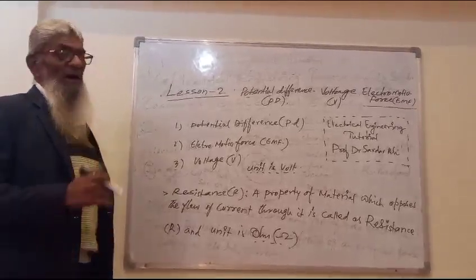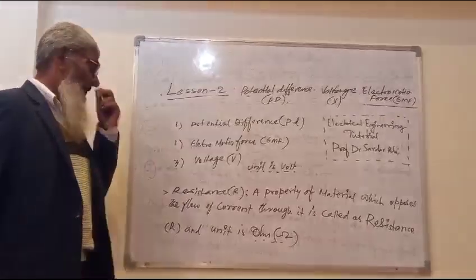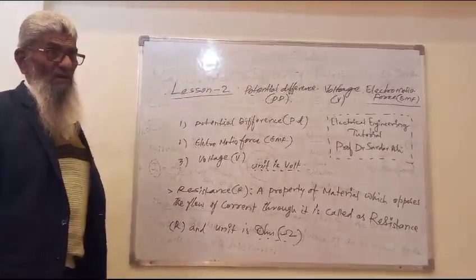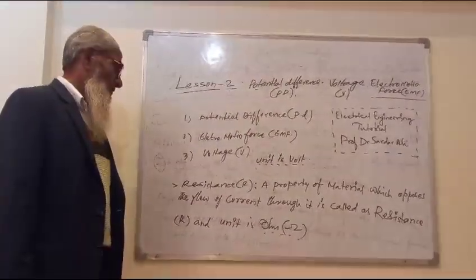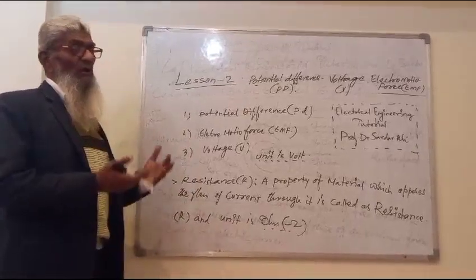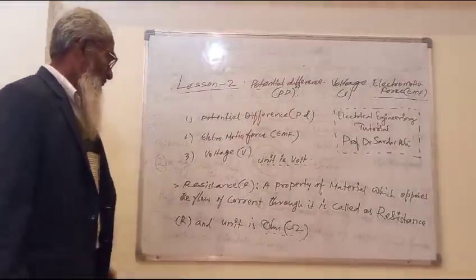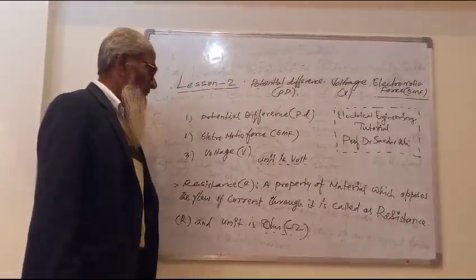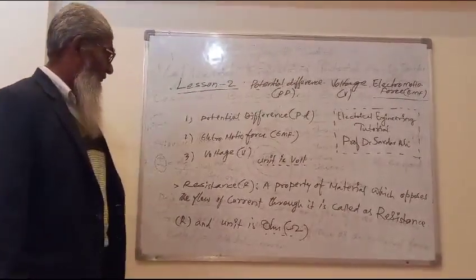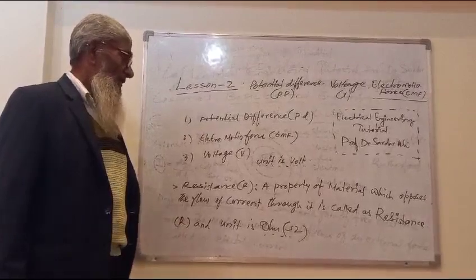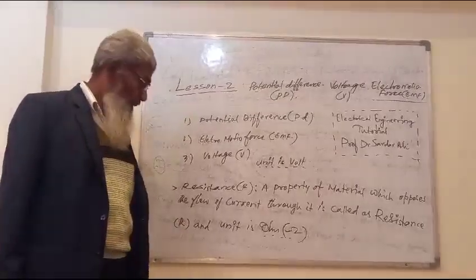So it requires a path. The path for the flow of current is the conductor, or the medium you can say. So it will have its own opposition to the flow of current, the flow of electrons. So you can define resistance as a property of a material which opposes the flow of current through it.